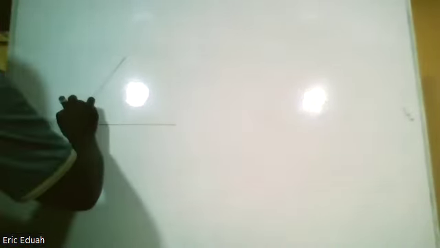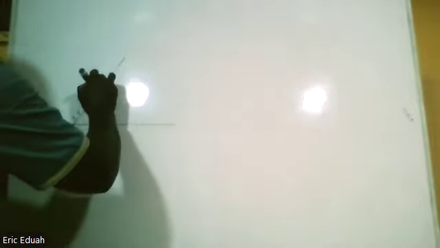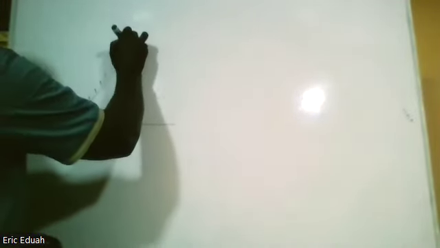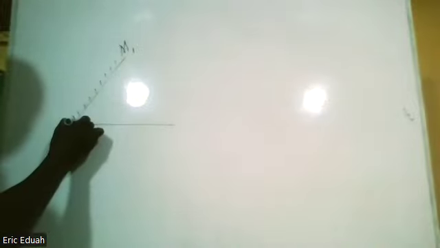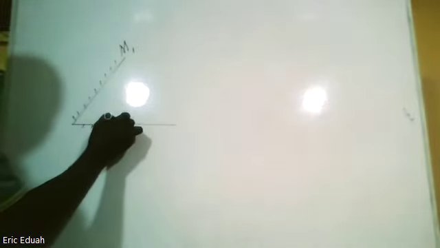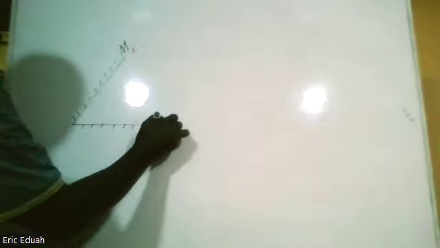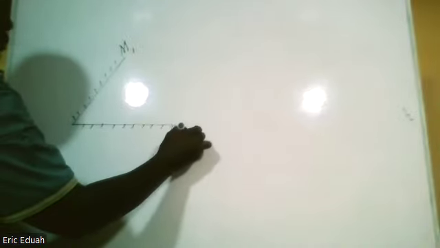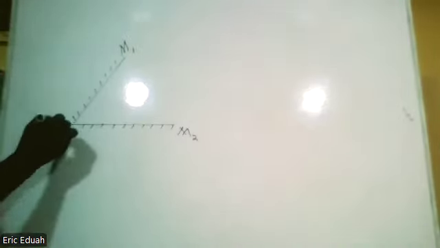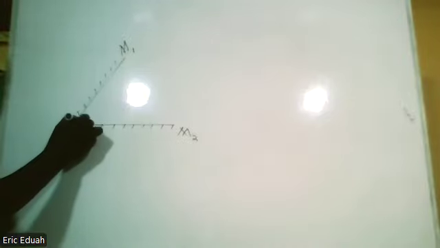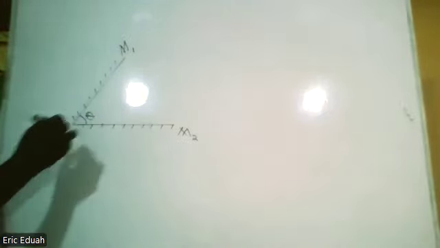So if this is mirror 1, then this, of course, will be mirror 2. The angle between the mirrors, we are told, is theta.